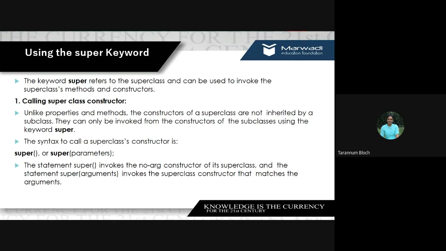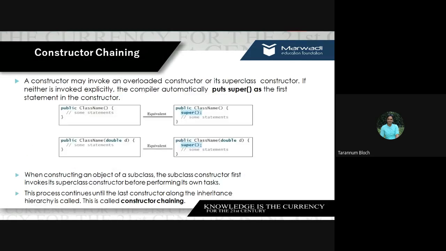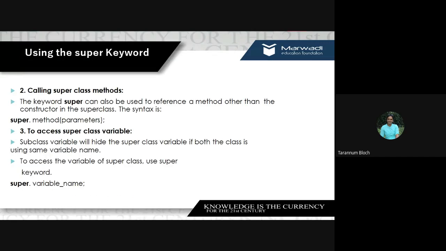There are three basic applications of the super keyword: calling the superclass constructor, calling a superclass method, and accessing a superclass variable. We will explore these uses in detail next lecture.